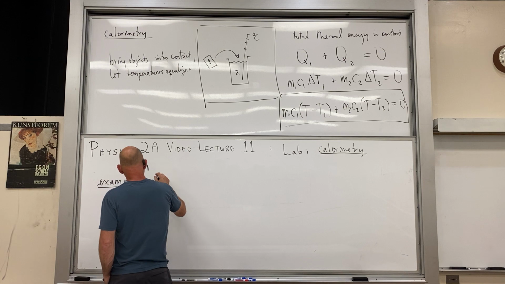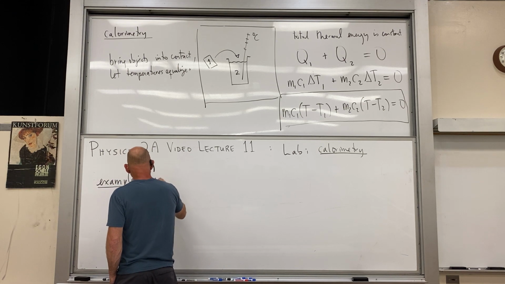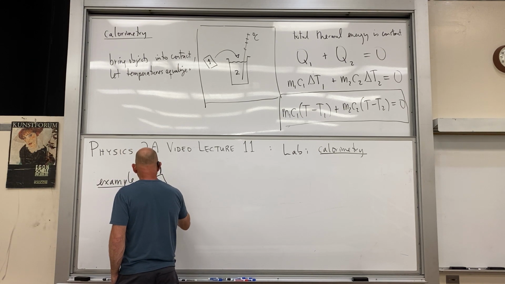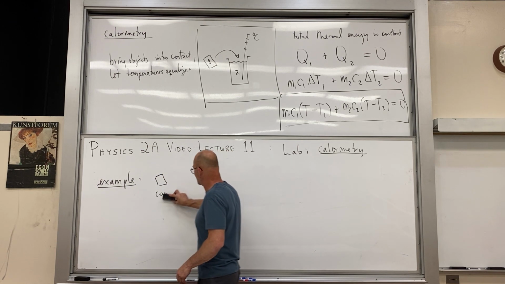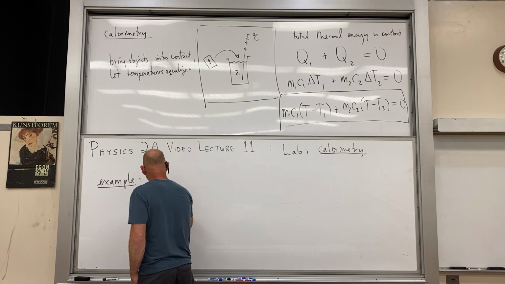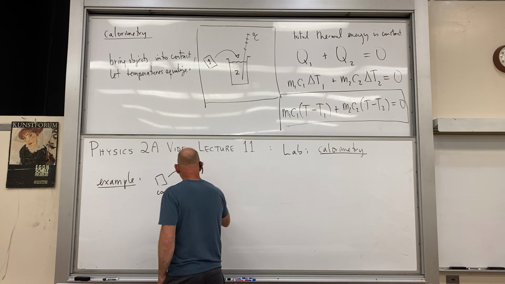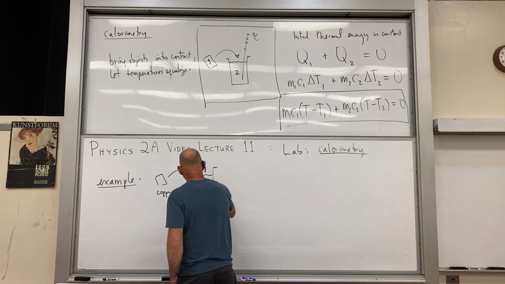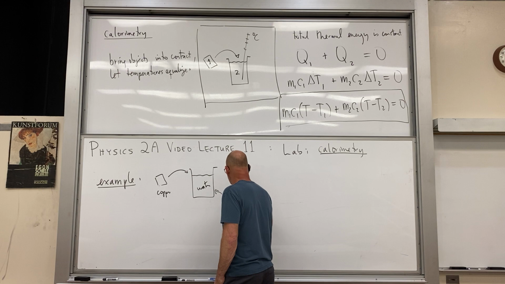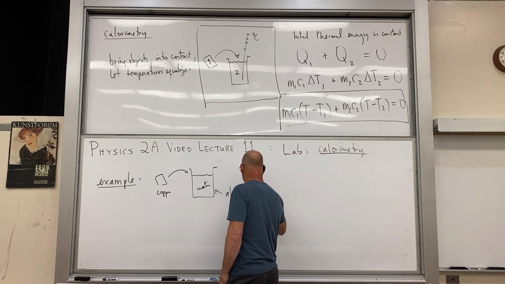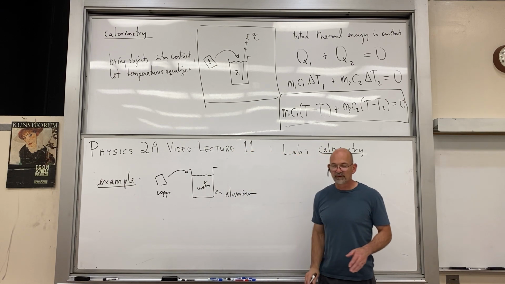Okay, so this one, we have some copper that we're dropping into some water. So we have copper. We're going to drop it into this beaker of water, but the beaker is made of aluminum. This is the way our lab goes here at Fresno State.